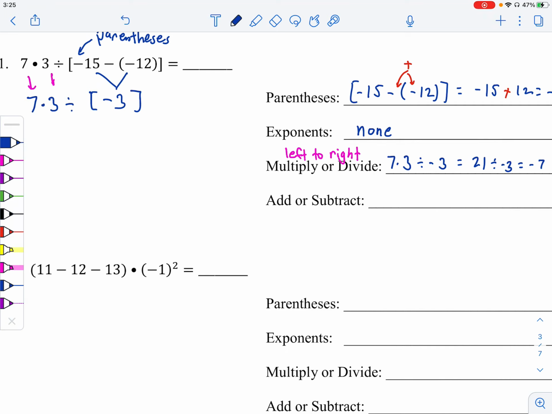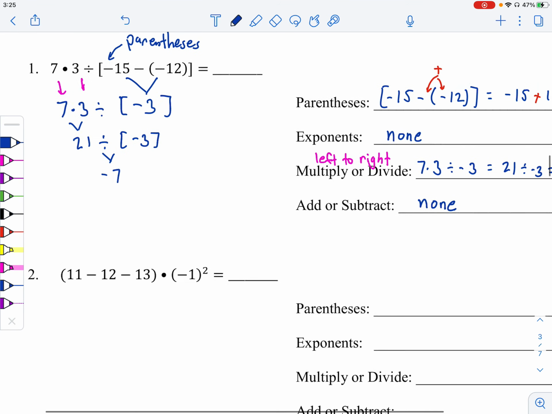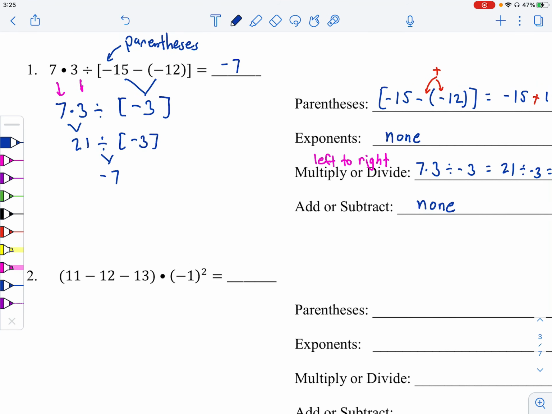Right, so negative 7 in there. So 7 times 3, 21, divided by negative 3 is negative 7. Right there. Add or subtract, there is none. Right, so our answer is negative 7.